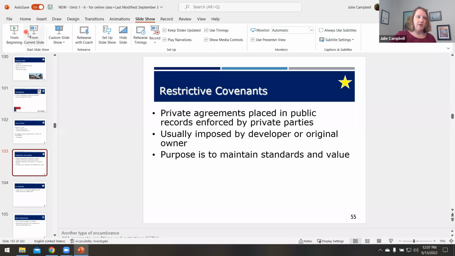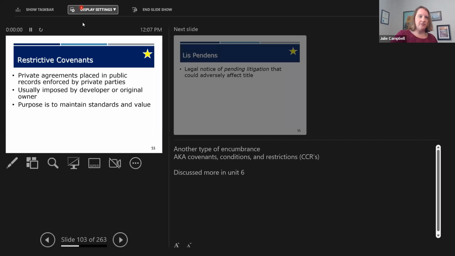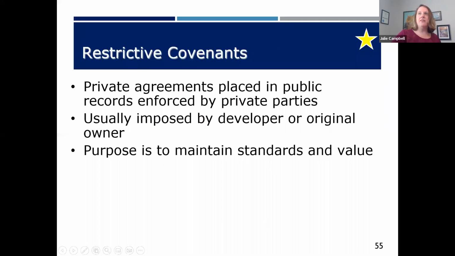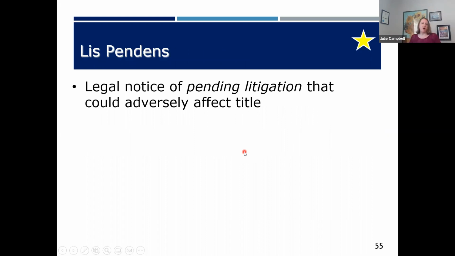And we continue on in Unit 3, which is all about encumbrances, just something that affects the property. And another encumbrance, remember we had a French lesson earlier today? So now we're going to get a Latin lesson. Another encumbrance is something called a lis pendens. Lis pendens is Latin for litigation pending. Think of a lis pendens as a legal stop.